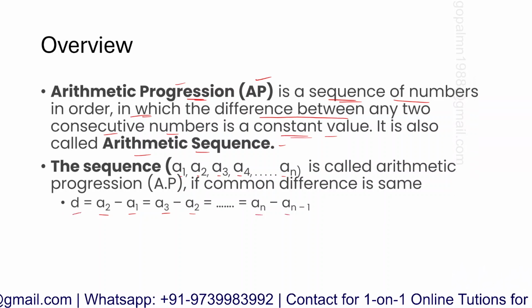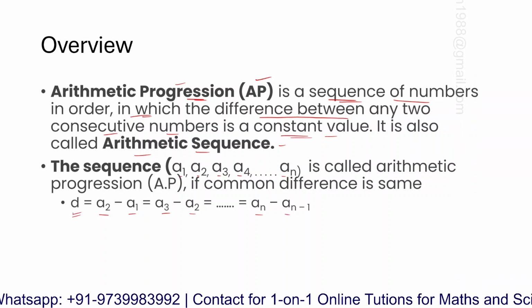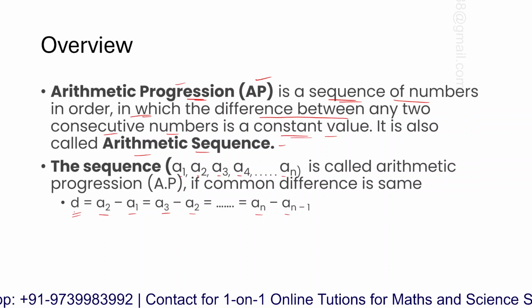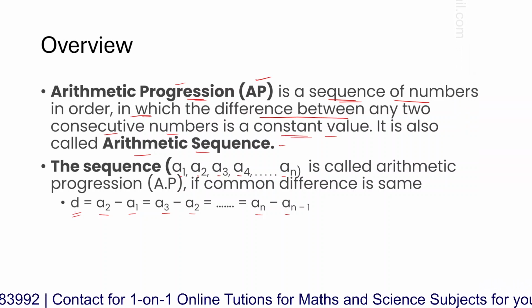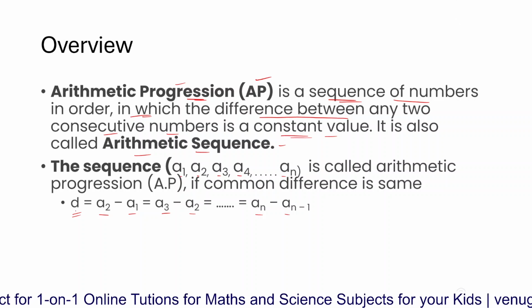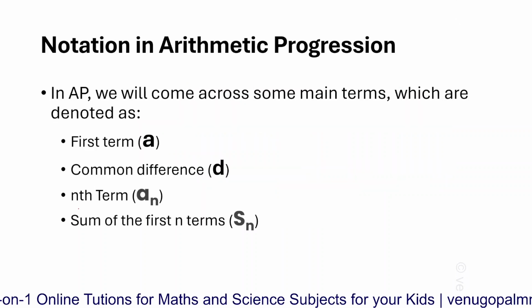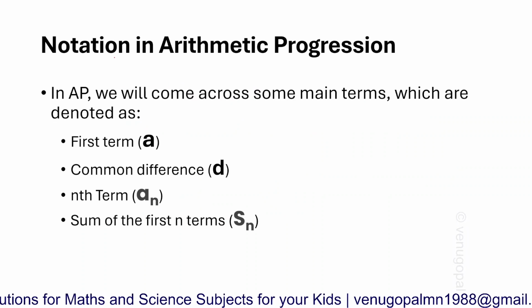If all the differences are constant, which we call d, also called the common difference, then we term this kind of sequence an arithmetic sequence or arithmetic progression. Clear guys?